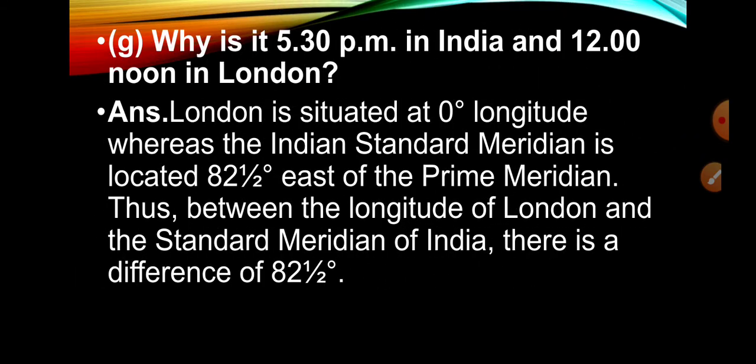Next question. Why is it 5:30 p.m. in India and 12 noon in London? This is a question of standard meridian. If you have understood the concept of standard meridian, you can answer this question very easily. London is situated at 0 degree longitude, whereas the Indian standard meridian is located at 82.5 east of the prime meridian. Thus, between the longitude of London and the standard meridian of India, there is a difference of 82.5 degree.